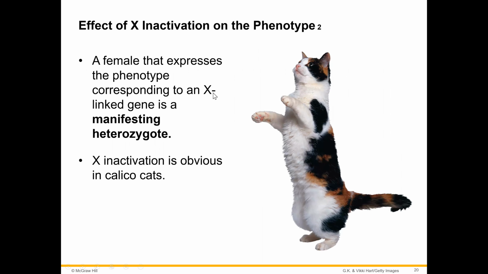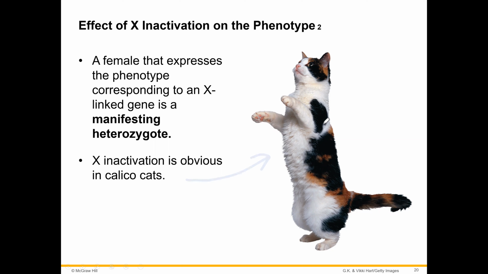So here's the effect of X chromosome inactivation. A female that expresses a phenotype corresponding to an X-linked gene is a manifesting heterozygote. This X inactivation is obvious in calico cats. Why are calico cats so interesting?